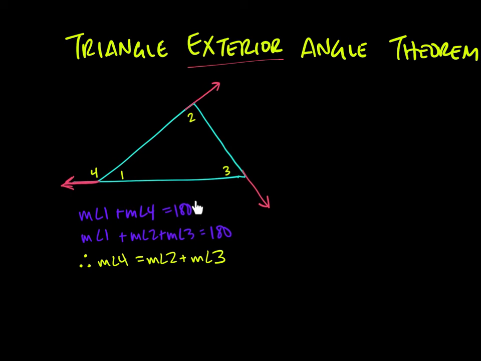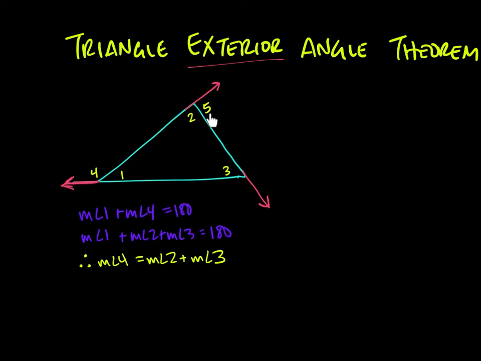And then angles 2 and 3 are the inside angles that are not adjacent to angle 4. So if I put a 5 out here, the same relationship exists: if I add 5 to 2, I'd get 180, and if I add angles 1 and 3 to 2, I'd also get 180.